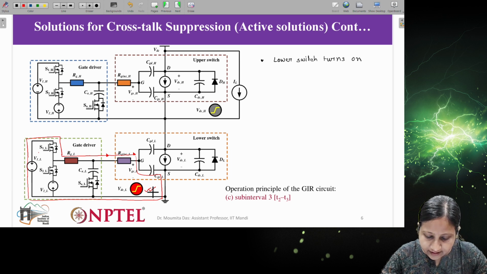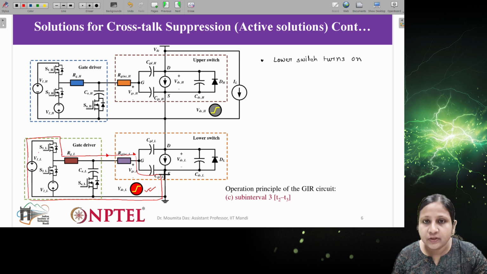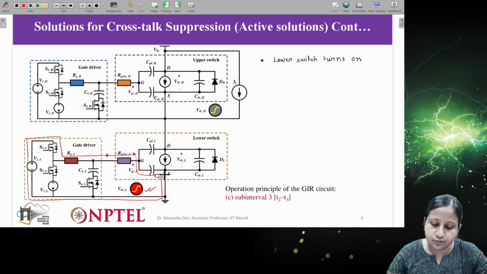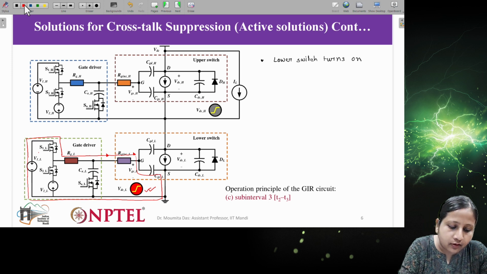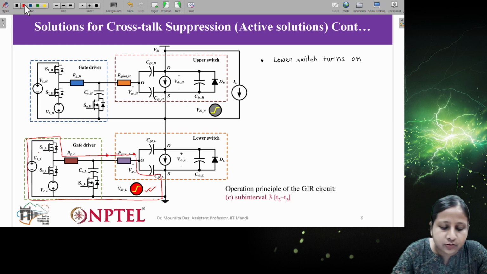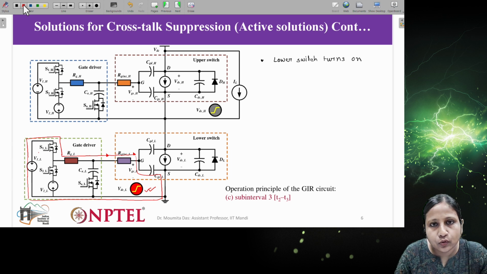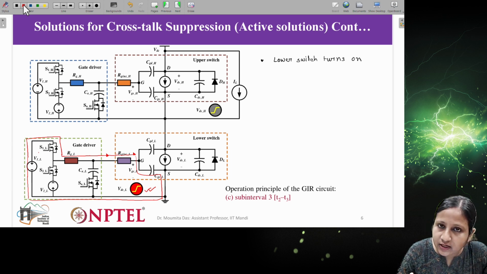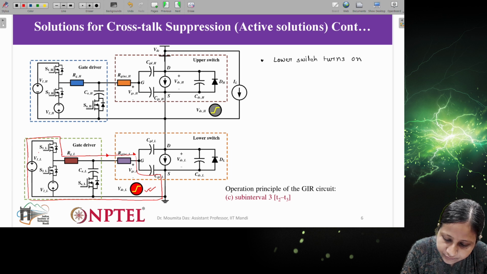In this case, as the switch is turning on, the same turn on transient will affect the upper switch. Due to the high voltage, or whatever voltage comes across the upper switch, that will cause current to flow through the Miller capacitance of the upper switch. So what is the current path? Basically, as you know, this generally flows through the Miller capacitance.